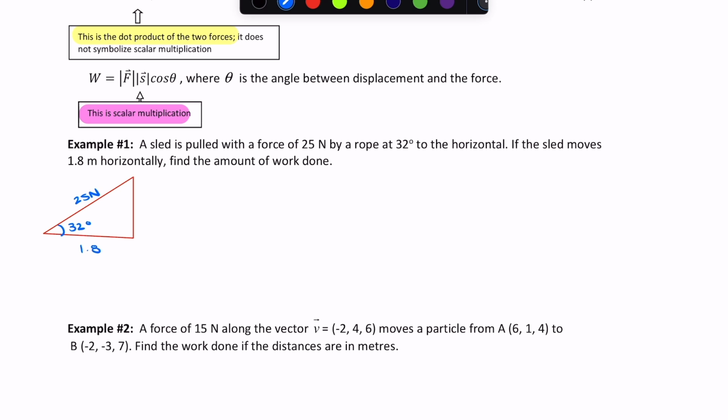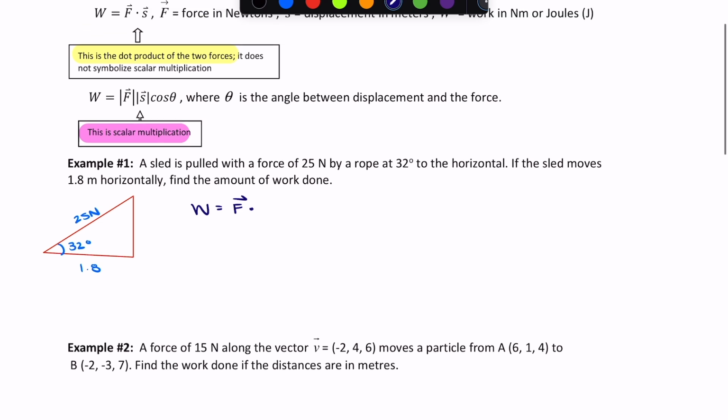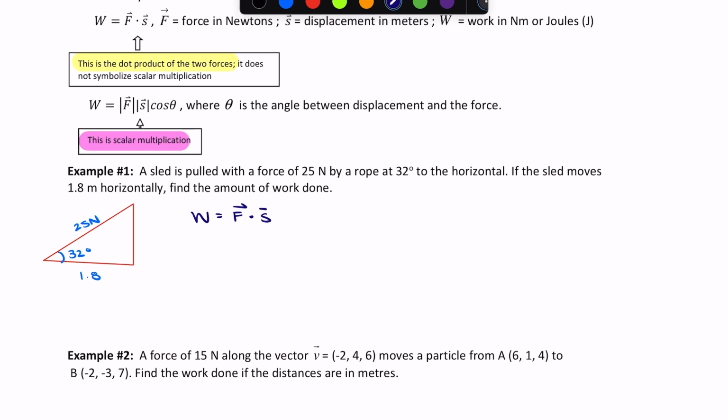So to calculate work, we have the dot product of force and the displacement. That is also equal to the magnitude of the force times the magnitude of the displacement times cos theta.